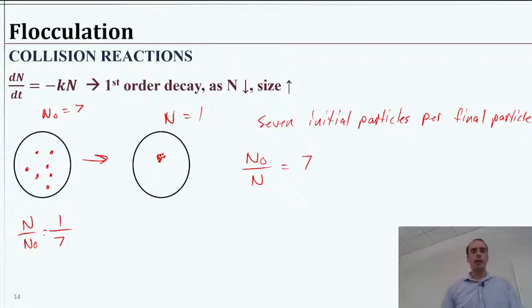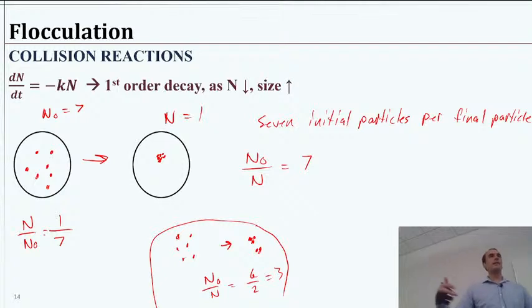Now, we could also have a situation where we had, let's say, 6 particles, and we end up with 2 particles, each with 3 of them. In this case, we would have n naught over n equal to 3, or you could write it 6 over 2, right? For this particular case.